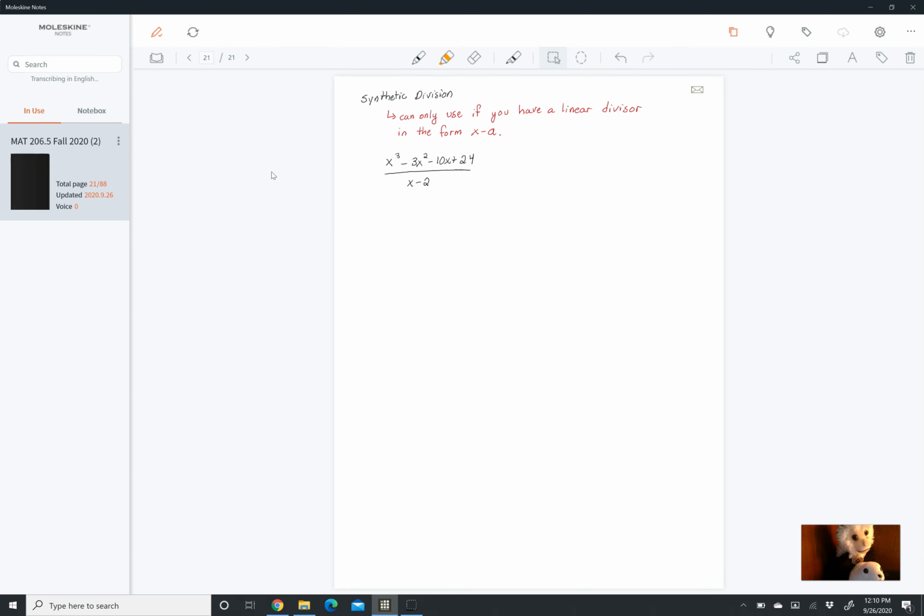So remember our first step, we always need to check if the divisor and dividend are in standard form. If they're not, you need to put them in standard form. That doesn't change.